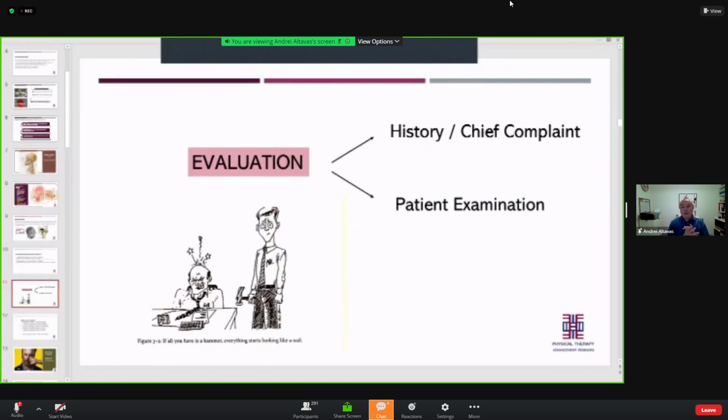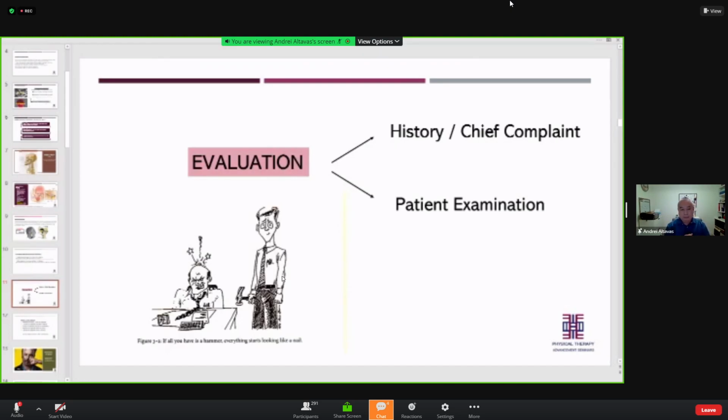Okay, so this is what we do. Evaluation: we're all good at doing an initial evaluation. I'm hoping that after this presentation, I'm going to present the whole evaluation of a patient with TMD. I'm going to just show you a simple case. This is not going to be complex, but I want everyone who goes back to treating patients on Monday to look into your initial eval form.